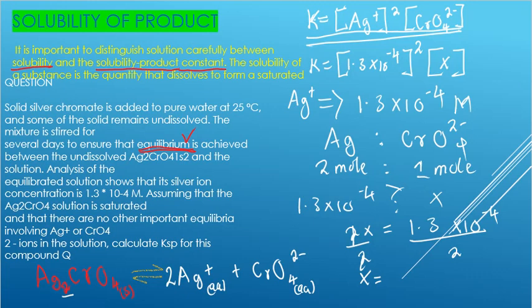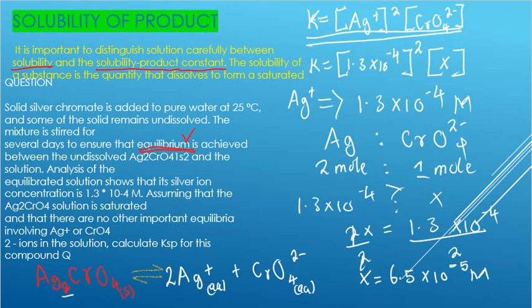Okay, so if we do our calculations, what are we getting? Alright, so notice that our answer is simply 6.5 multiplied by 10 to the power negative 5 molar.